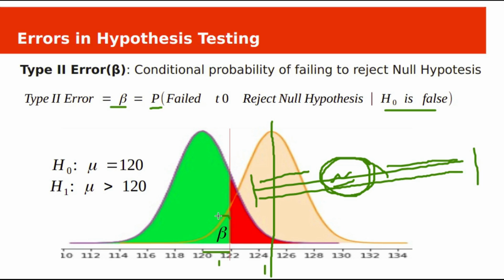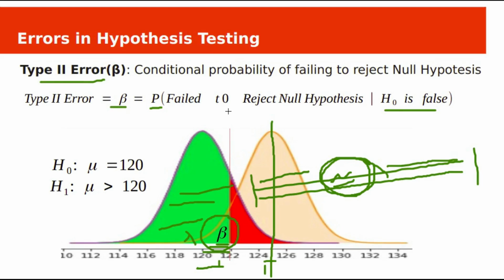Then that driver is not fined, because this average speed falls within the 95% confidence interval of the null hypothesis. Actually the null hypothesis is false. The actual true mean of that vehicle is 125, but this observed mean is within the confidence interval of the null hypothesis. So here the traffic police falsely do not fine the driver, meaning the null hypothesis is falsely not rejected. This kind of error is called type 2 error.